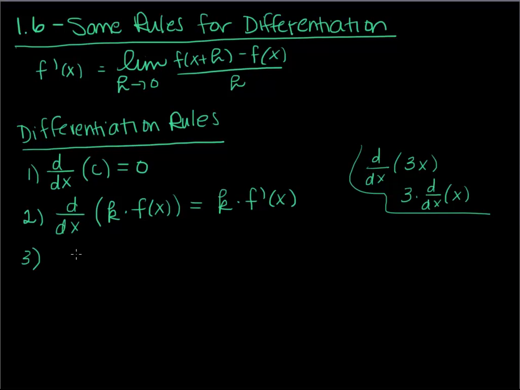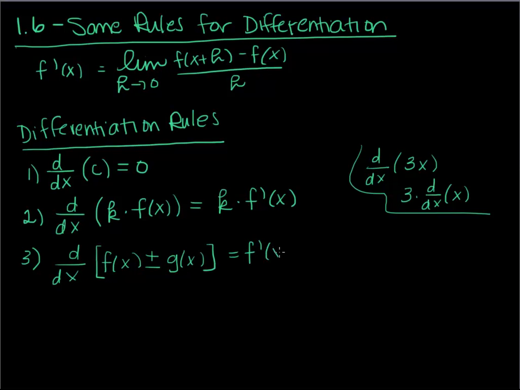Next, if I have two functions added or subtracted together, I'll write f of x plus or minus g of x. This means I can add them or subtract them, and to take the derivative of that, and remember, that's what that d dx is, what do I get?